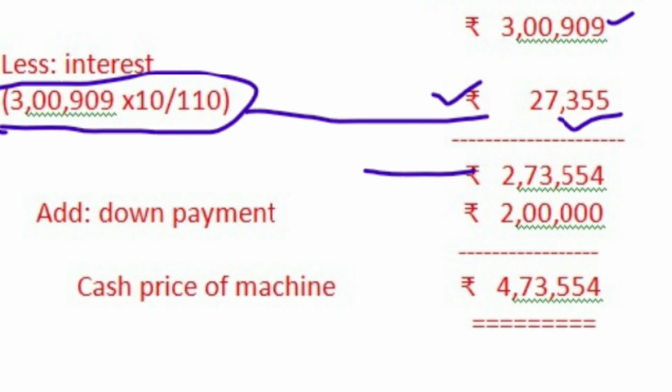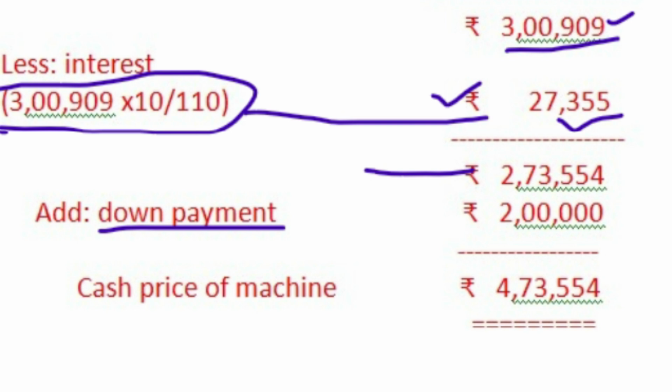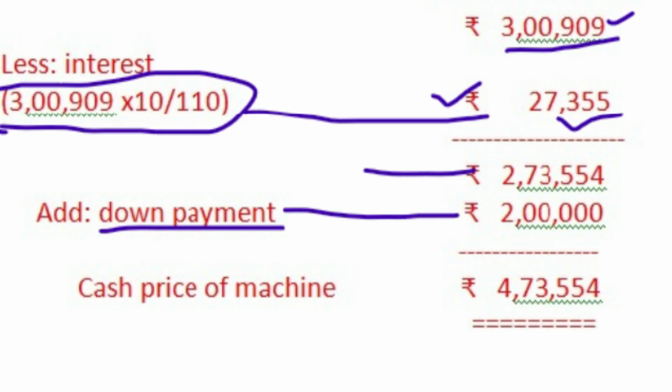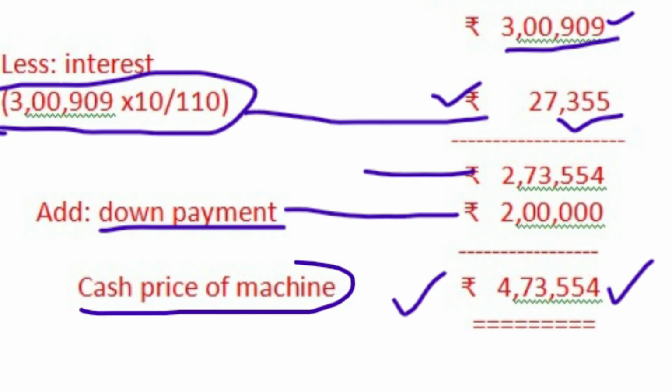So this value is 3,00,909 minus 27,355. And the initial payment made, that is the down payment at the time of taking the machine delivery, is 2 lakh. Now adding the total, we get 4,73,554. So this is the cash price of the machine.